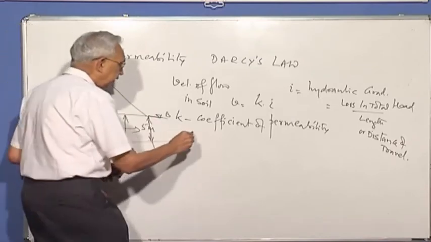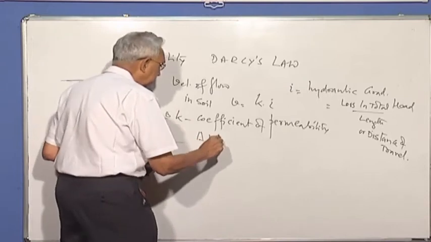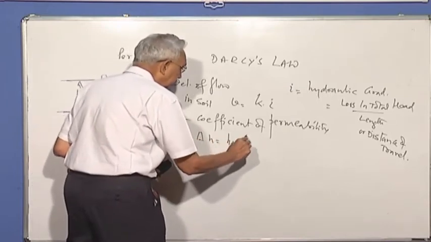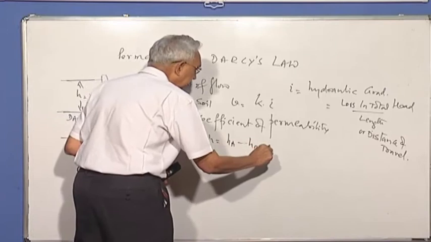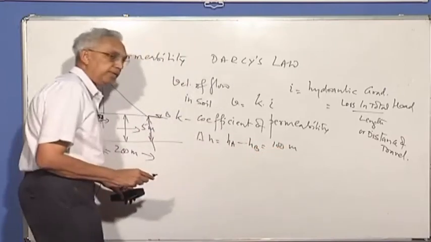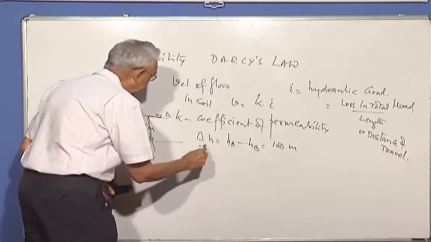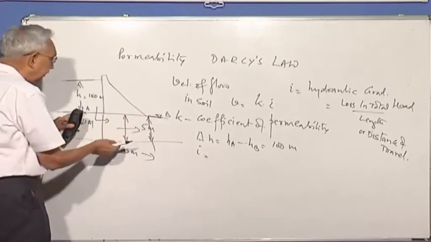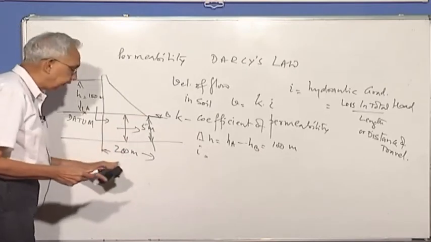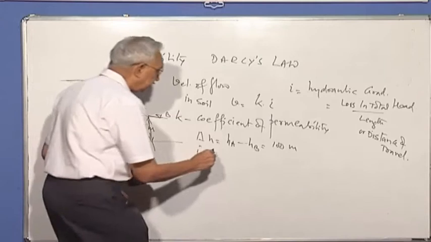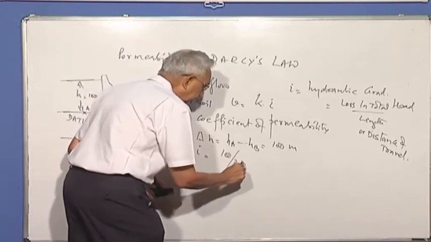So delta H, the head loss, is equal to HA minus HB, which is equal to 100 meters. What is the gradient? I is equal to delta H divided by the distance traveled, which is 100 divided by 200 meters.